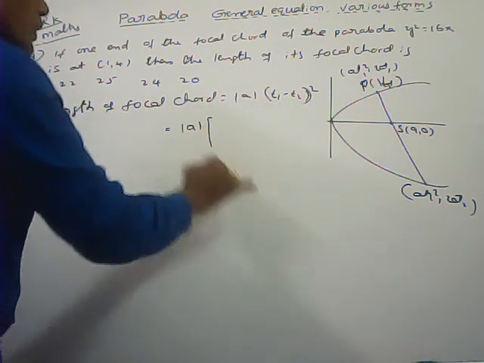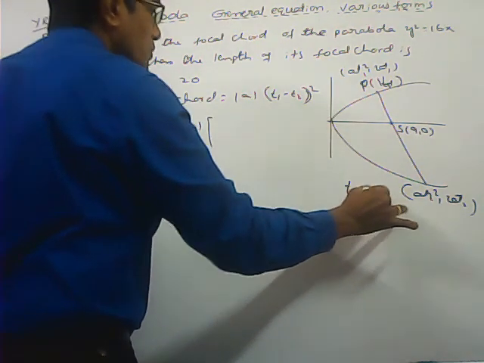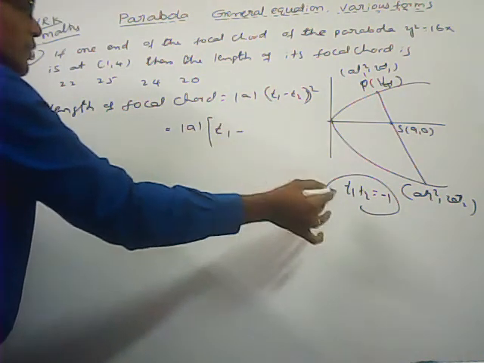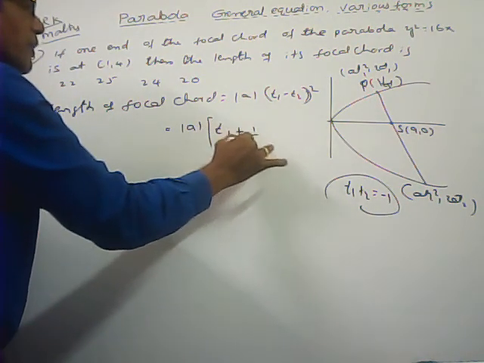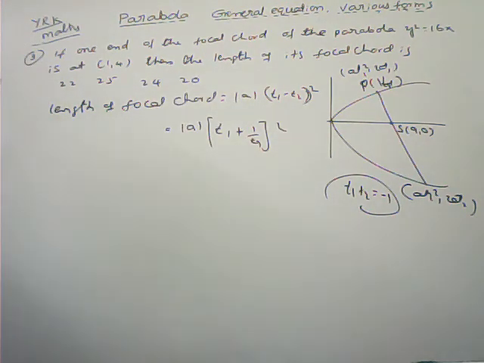If it is the focal chord, what is the relation between t1 and t2? t1 into t2 is equal to -1, so t2 is equal to -1 by t1. So here one end of the focal chord is given.